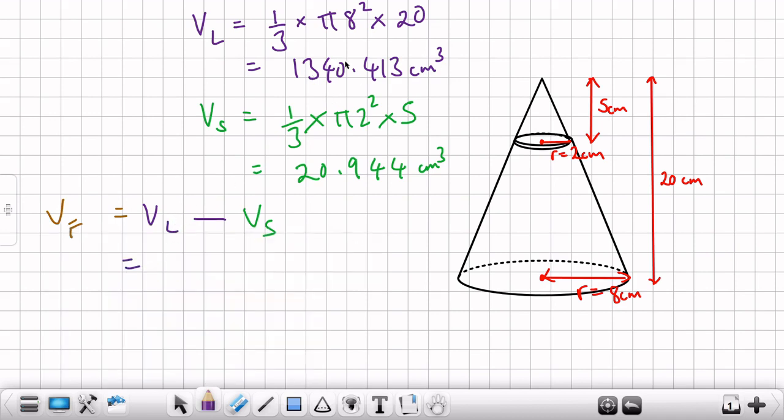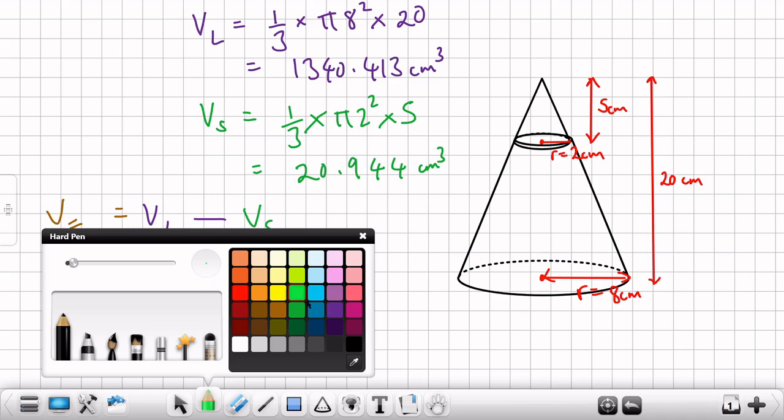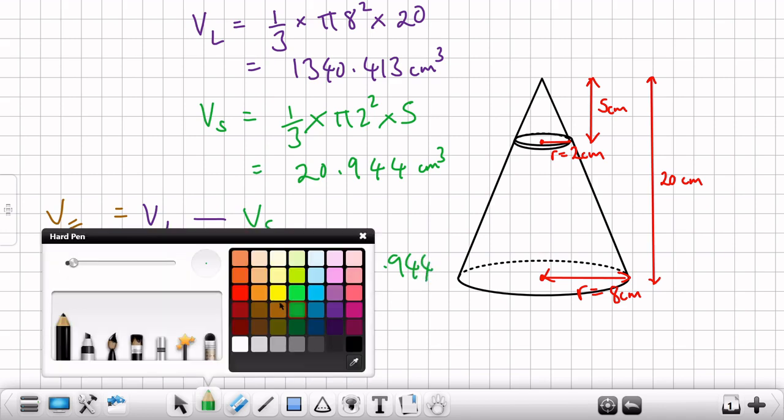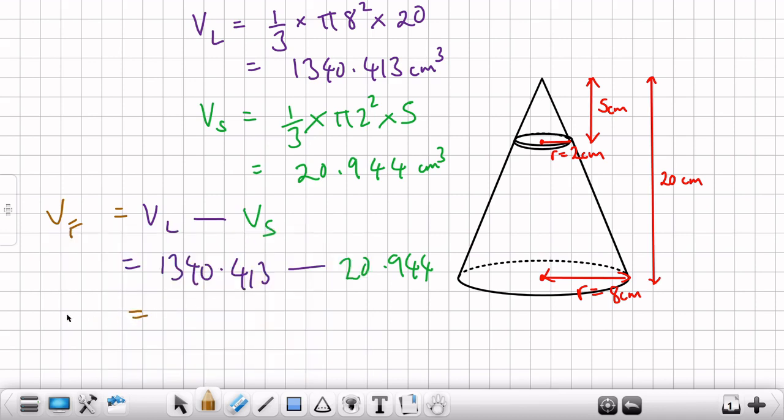VL is this number here, minus the volume of the smaller cone, which we just worked out. Right, you round it to whatever accuracy the question wants. I've done it here to 2 decimal places.